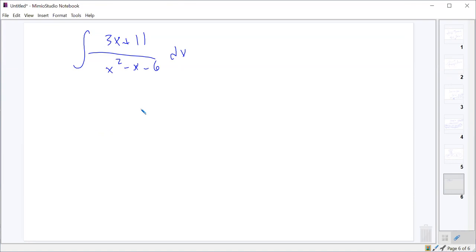And if we have a rational function that we don't see an easy u substitution for, or it isn't a specific integral that we should know and have memorized, normally what we need to do is the partial fraction decomposition so that we can put it into a nice, easy form for us to evaluate. So first thing you have to do is factor your denominator, x squared minus 3x plus 2.